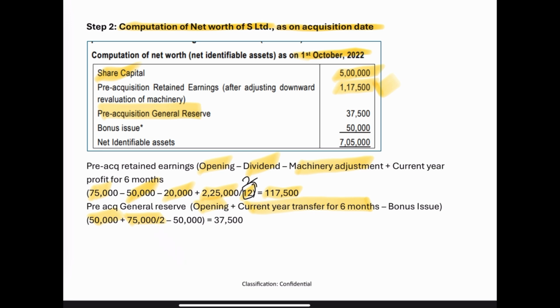And they've given bonus has been issued from the opening general reserve, so that needs to be eliminated. So net you'll get 37,500. Okay, then the bonus issue needs to be either added to capital or it can be added to general reserve. So that's why I wanted to show this as a separate line item. Okay, so altogether the net identifiable asset as of 1st October 2022 is 705,000.